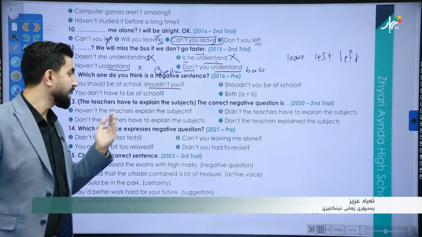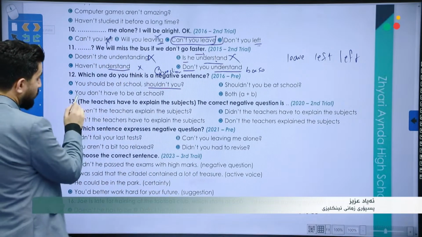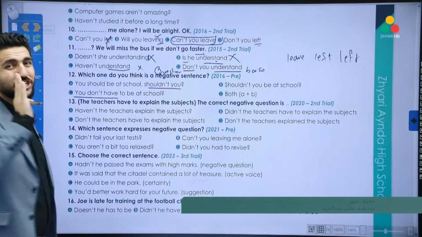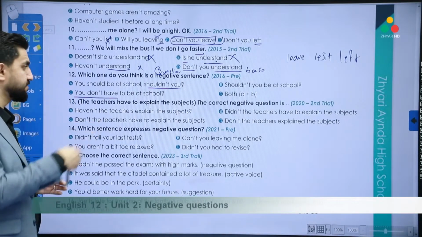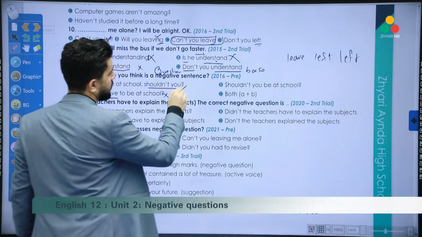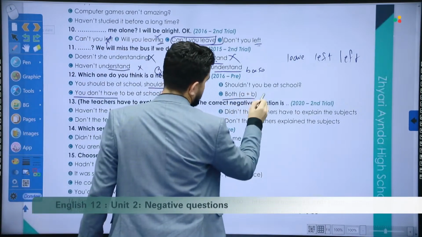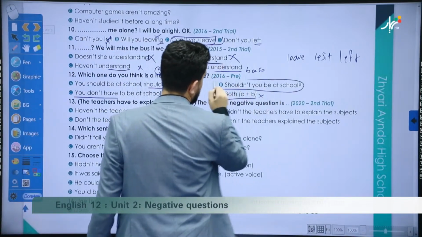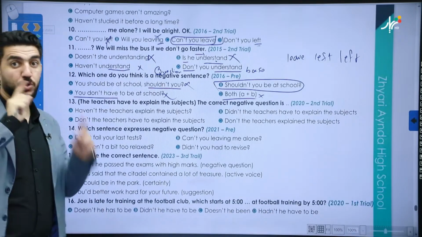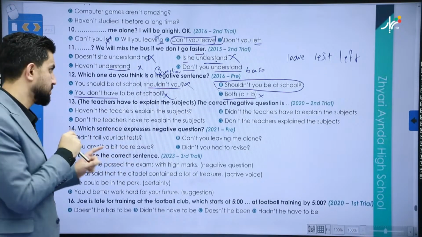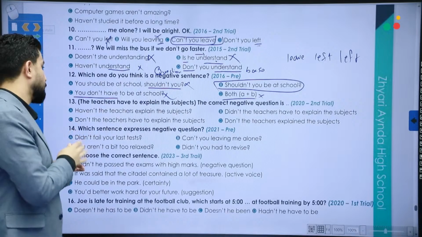C, you don't have to be at school. This one, you don't have to be at school, it's just negative. It's not a negative question. It must have been, don't you have to be at school? So this one wrong, this one wrong. This one is also wrong. Shouldn't you be at school? This one is correct. Negative question. Not only negative, negative question.